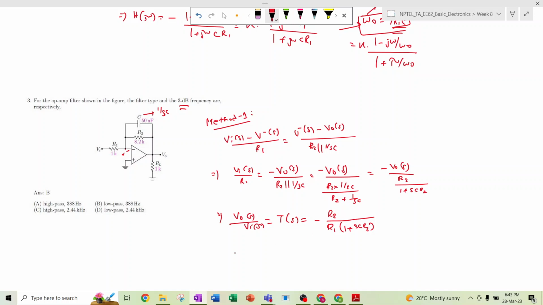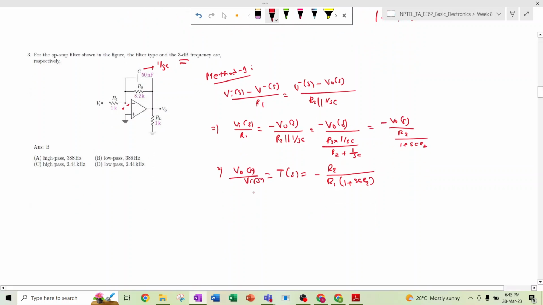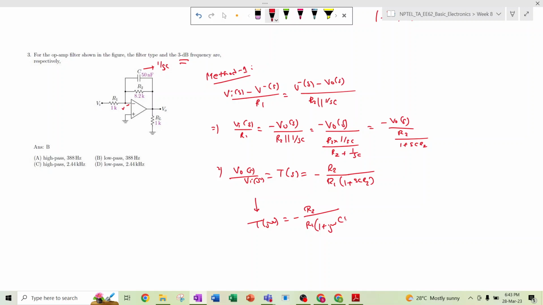Now if we write it in the Fourier domain, where Fourier domain means Laplace domain with sigma equal to 0, T of j omega is nothing but minus R2 by R1 into 1 plus j omega C R2. So this is the transfer function that we got.